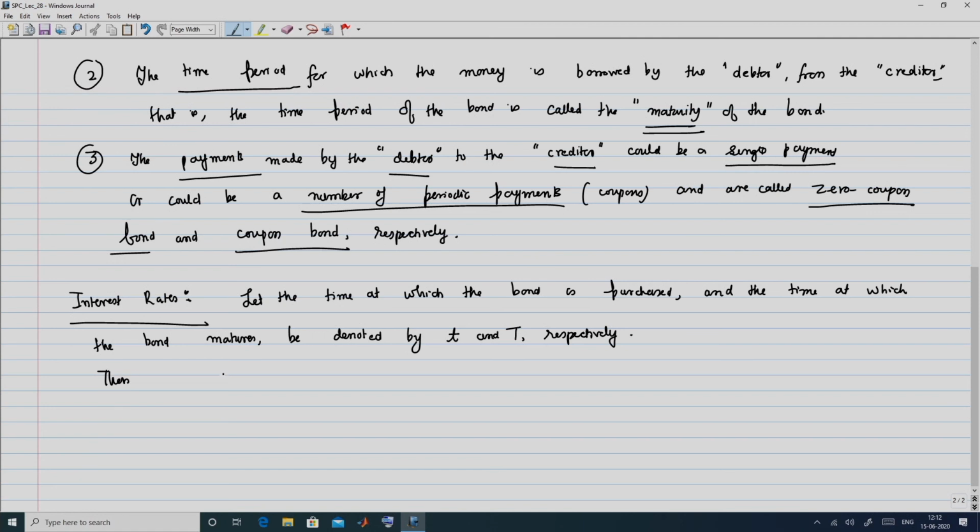Then capital T minus small t, which I will denote by h, is called the holding period or the investment horizon of the bond.